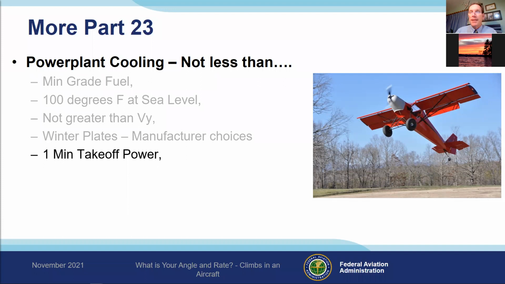Some aircraft I see 10, but 5 minutes is probably the most common. However, in the cooling test, all they have to do is show it for 1 minute versus the 5. That's it. And then they only have to do it for a continuous 5 minute climb after that.